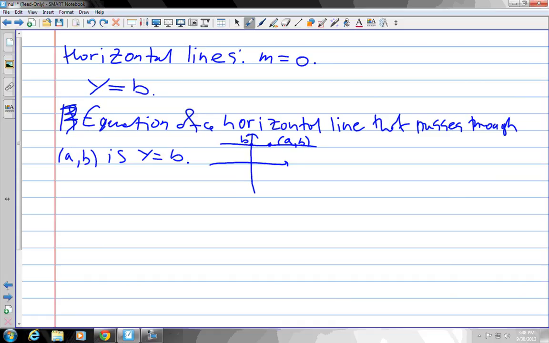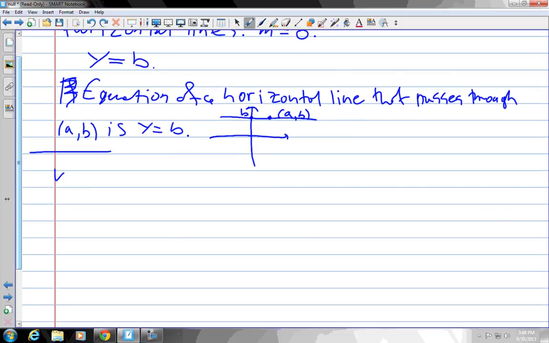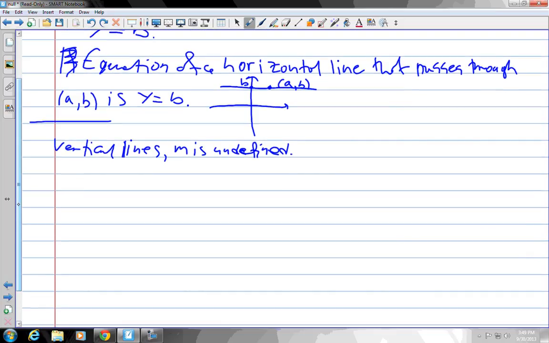Now if we take the same logic and talk about vertical lines, the slope is undefined, so we cannot really reference the y equals mx plus b equation because there is no slope. But if we take that same logic, and I grab a point (a, b) and draw a vertical line through it, x stays the same, right?